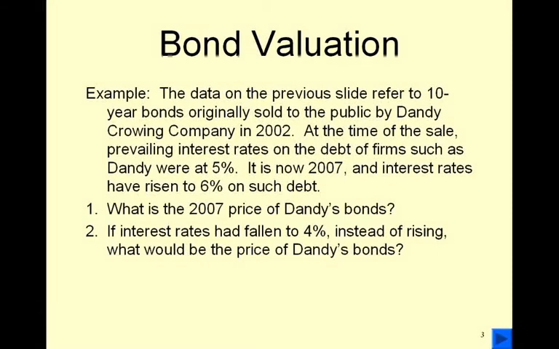Now let's further say that the original bond buyers or lenders are interested in selling their bonds in the public bond markets, let's say secondary bond markets, in order to get some money back. The question is, what is the 2007 price of Dandy's bonds?